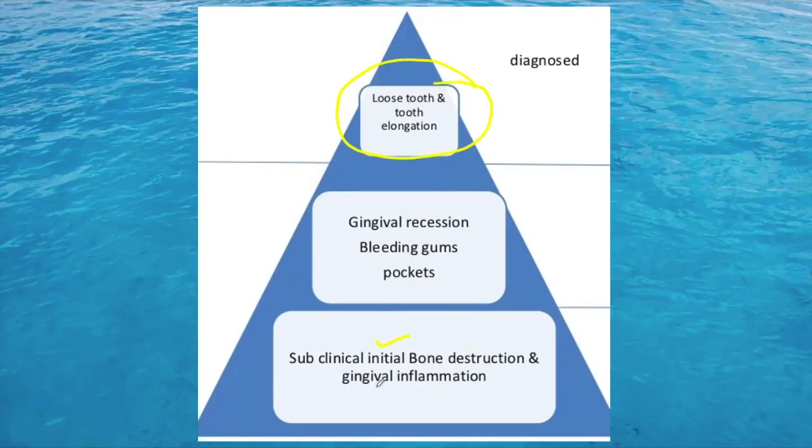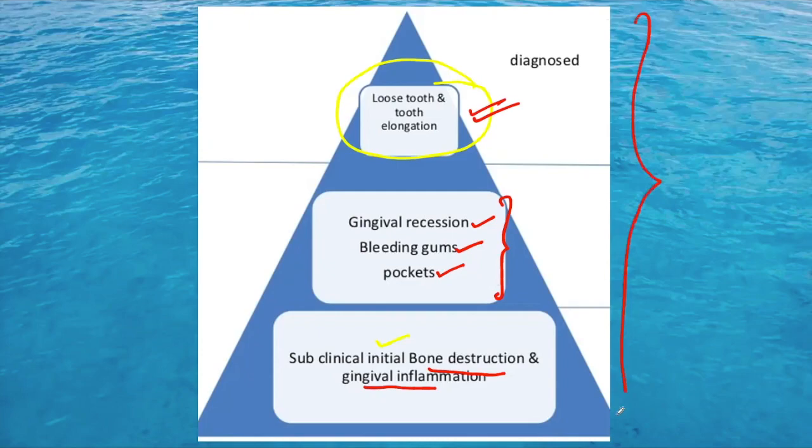The patient might be suffering from continuous gingival inflammation and bone destruction, but he or she might be experiencing only gingival recession, bleeding gums, and pockets, which are usually painless. Fine. This is generally ignored and ultimately it leads to loss of tooth. So this is how the iceberg phenomena of periodontal problem occurs.